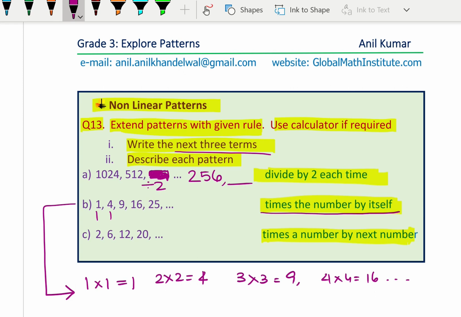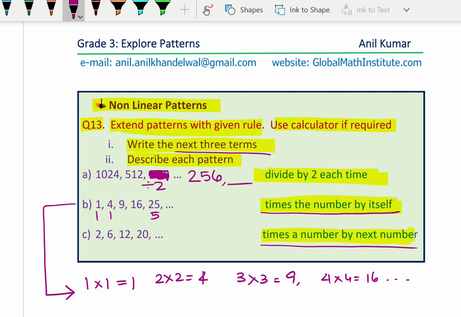So for example, this position is fifth, right? So we'll do 5 times 5 to get 25 as our answer. You got it. So use calculator, times the number by itself. Continue the pattern.